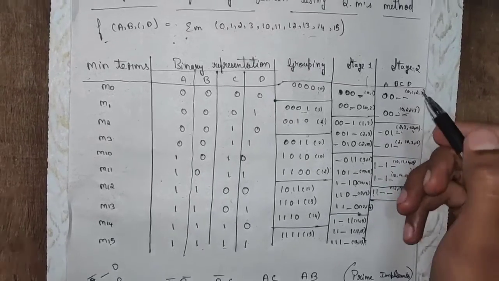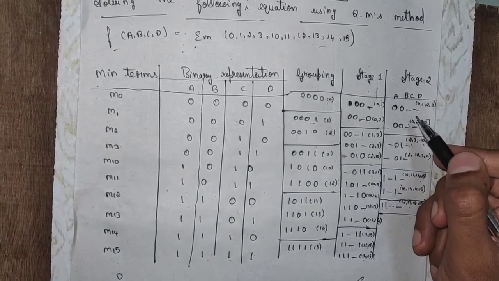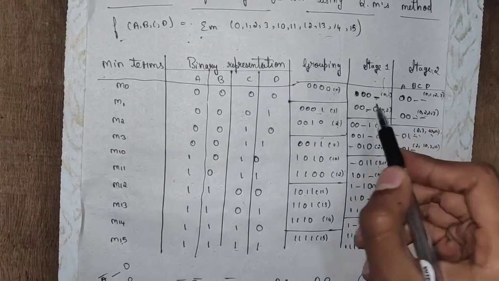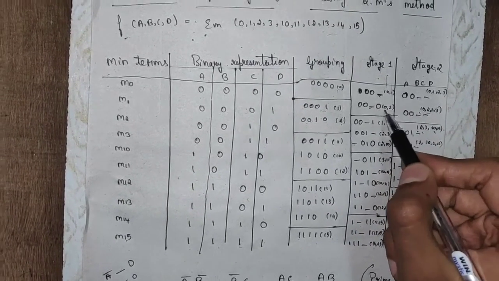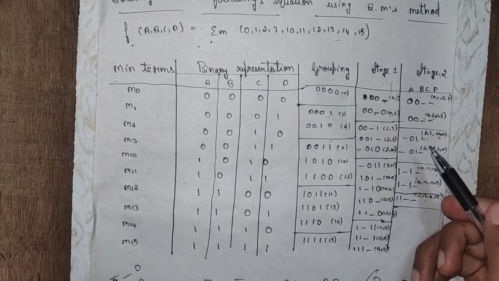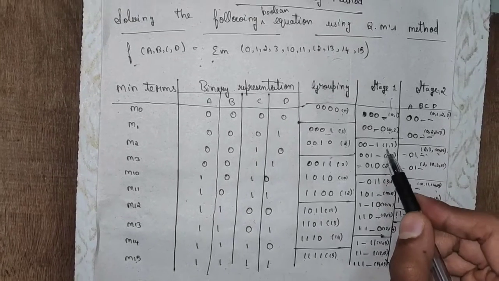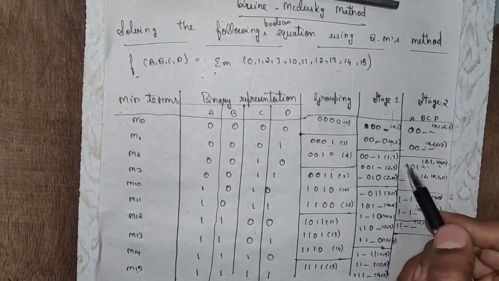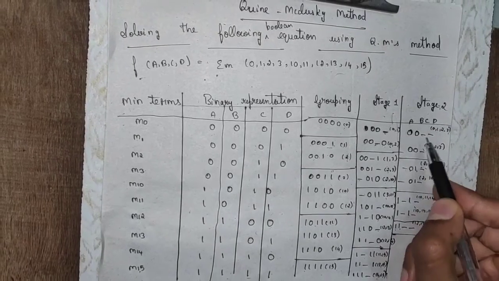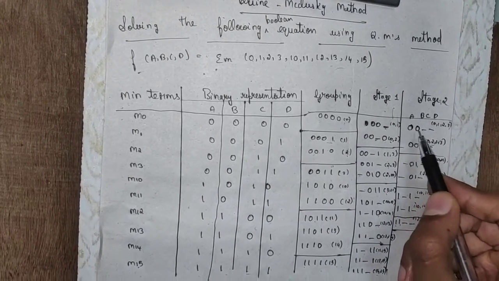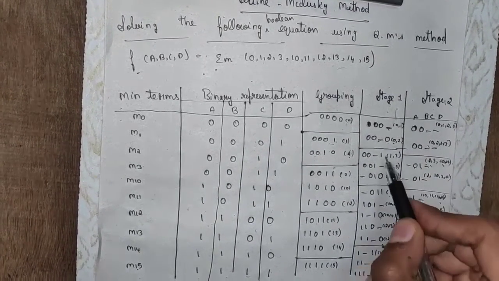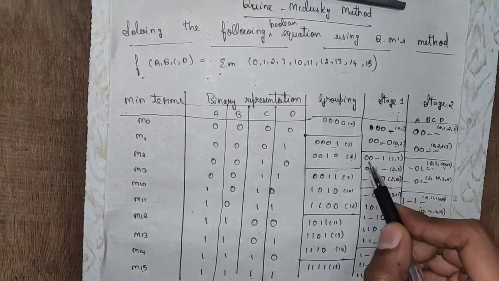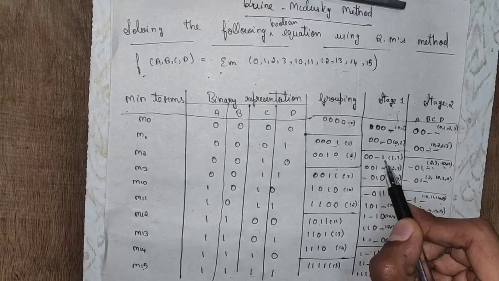In stage 2 we need to use the terms we got in stage 1, such as 0, 1 and 0, 2, which should be compared with the preceding terms which are 1, 3, 2, 3, 2, 10. So when these 2 rows are compared, we get 0, 0 dash dash, because when 0, 1 and 1, 3 are compared, 0, 0 dash 1 is present.